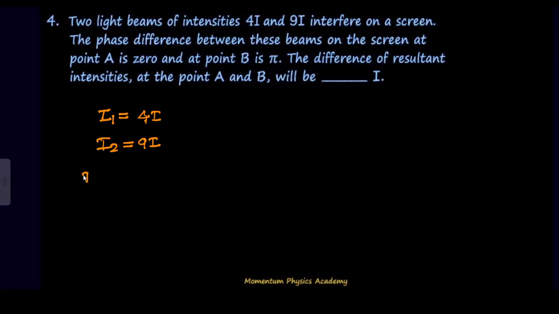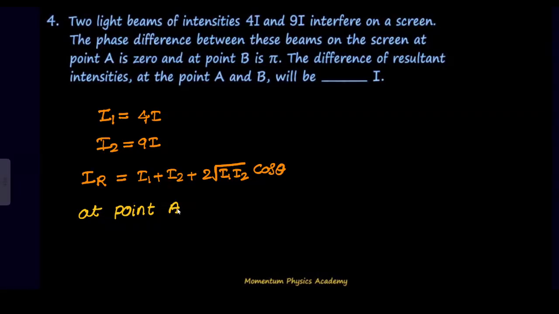At point A, what is the resultant intensity? The resultant intensity formula is I1 plus I2 plus 2 root of I1 I2 into cos theta. At point A the angle given is 0.